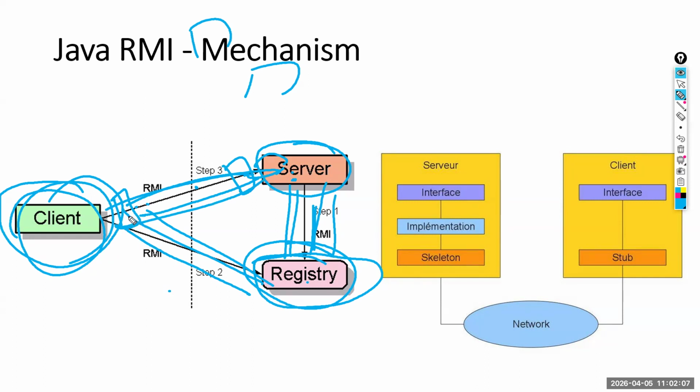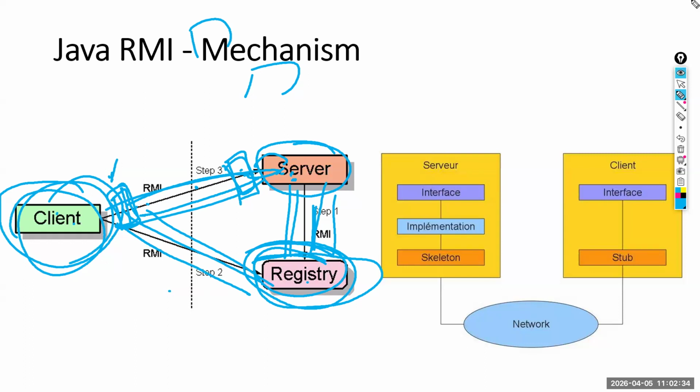But before that, the client must have generated the stubs and the server must have the skeleton. In other words, the client must have the client stubs, and the server must have the server stubs. So the registry is only to look up.